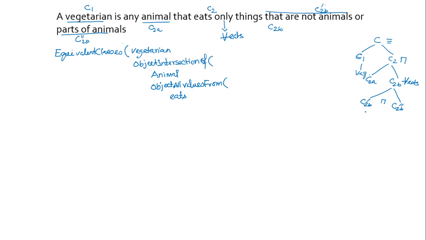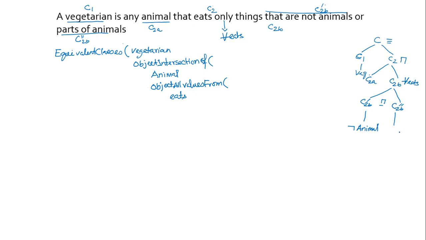Now C2B prime, what is it really? It is the negation of animal. And what is C2B double prime? C2B double prime is something that has at least one relation with the label part of, and the value that this relation will have belongs to the animal class.